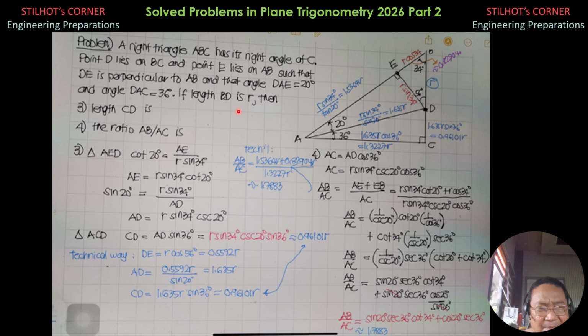If length BD is R, this is R, then number 3, find the length of CD. Length CD is in terms of R, and the ratio AB over AC is.